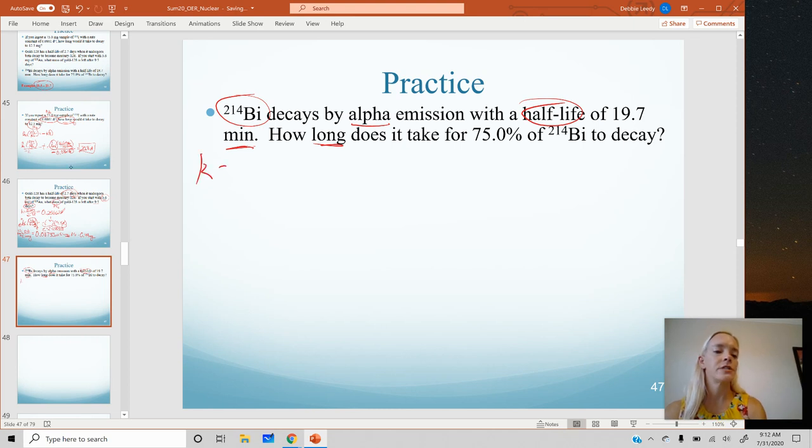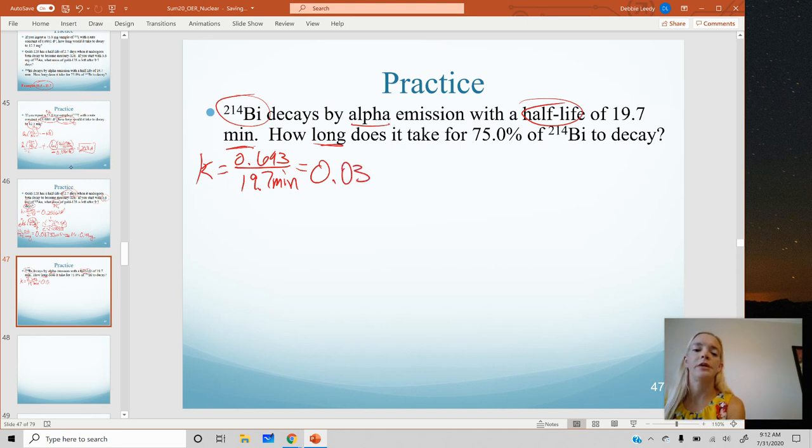So again, our first step, because we're given half-life, is to convert that into a rate constant. So our K becomes 0.035178, keeping extra digits because it's an intermediate number.